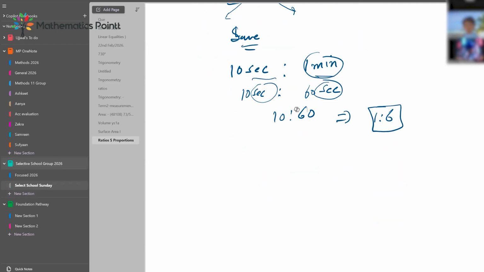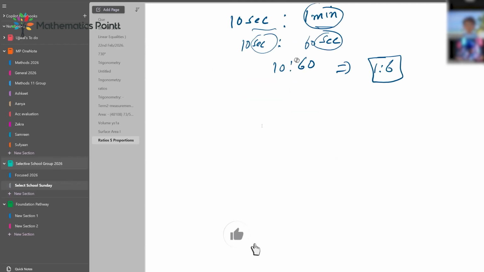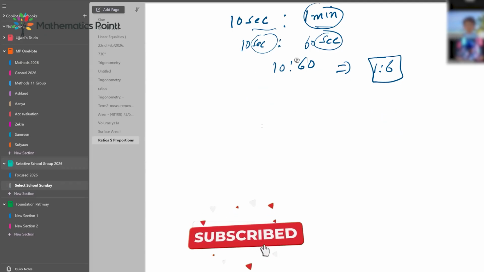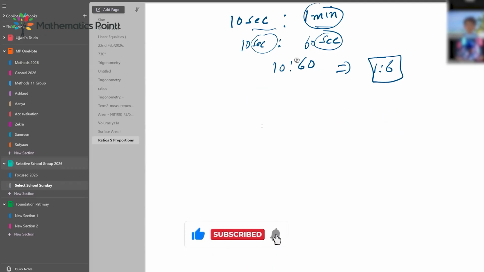Let's move ahead and go to the next step. I'll not spend too much time on this basic entity. I know a lot of you are in year 7 and 8, so you would know this. Now, there's a concept of equivalent ratios.